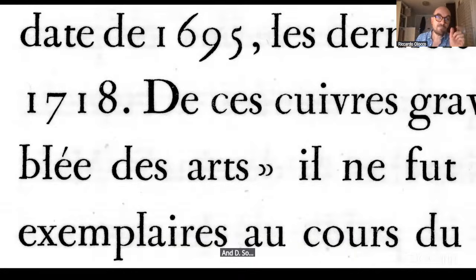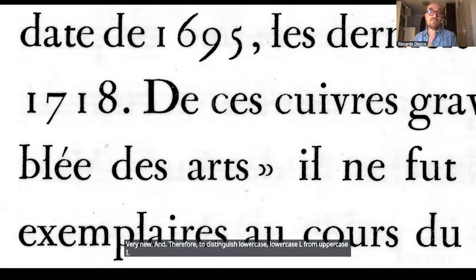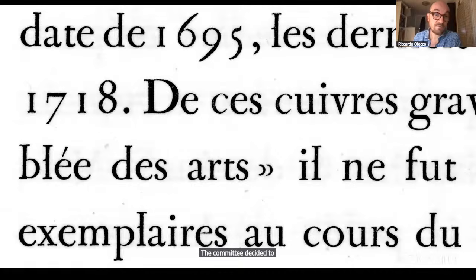So this bilateral serif, the fact that they are on both sides, like in capitals, is very new. And therefore, to distinguish lowercase l from uppercase I, the committee decided to add a spur on the right of l at the backside.